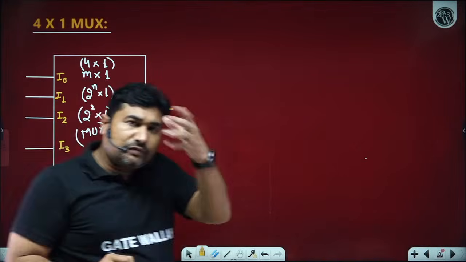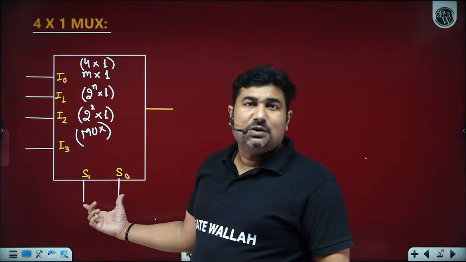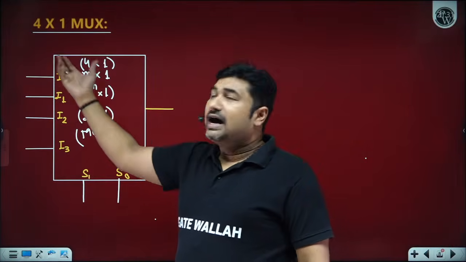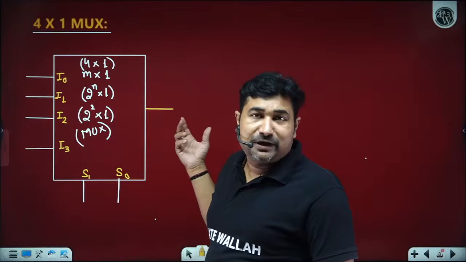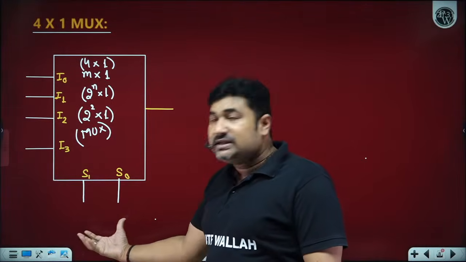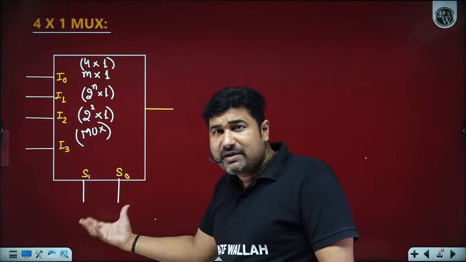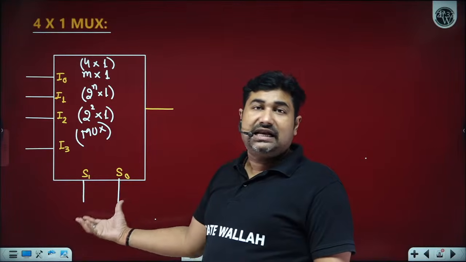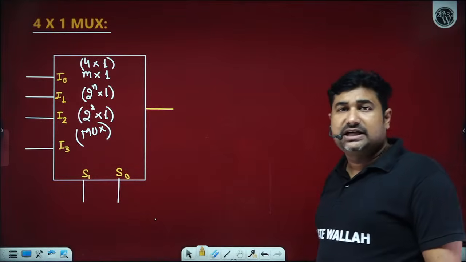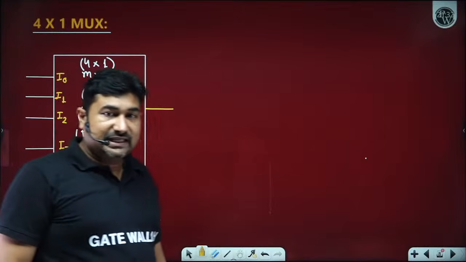Now I am hoping all of you able to understand. Sir, in case we have 0, 0, which input is going to be transferred to output? Sir, for 0, 0, I0 needs to be transferred to output Y. For 0, 1, I1 needs to be transferred to output Y. For 1, 0, I2 needs to be transferred to output Y. If you apply binary 3, that is 1, 1, onto the select line, sir, whatever information is given to the I3 pin is going to be transferred to output Y. Is it okay? Yes, Beta ji.